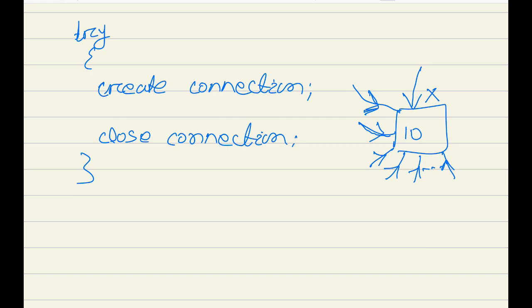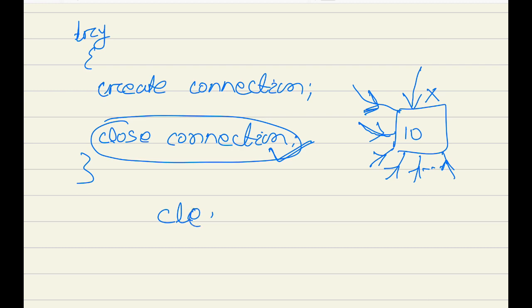Now how to write this close connection part so that even if the exception occurs, this is going to execute, and even if the exception does not occur, this is going to execute? So that means we need to write some code, in particular known as cleanup code.